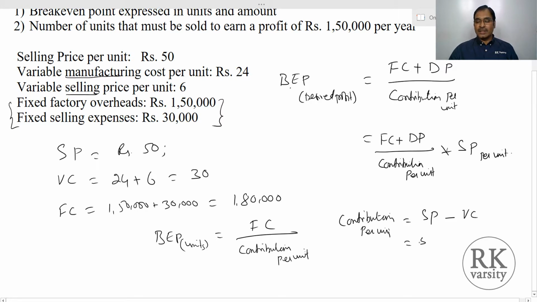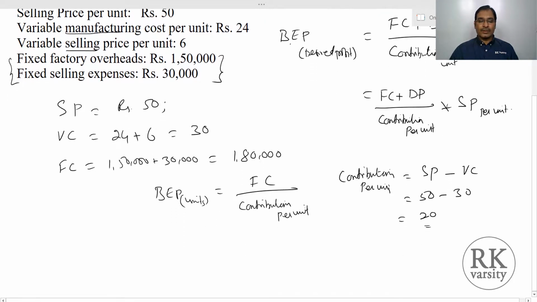So this equals 50 minus 30 equals 20. So contribution per unit is 20, whereas fixed costs are 1,80,000. So this equals 1,80,000 upon 20, which equals 90,000 units.